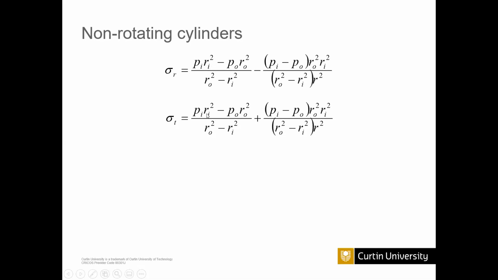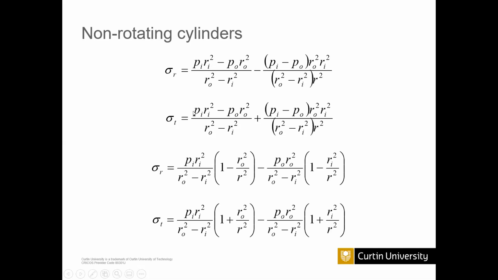What we are going to do is rearrange these equations in a simpler manner. This is the rearrangement. It is the same equation; if you expand these two, you will get the same thing. This is radial stress and this is tangential stress. You can't easily see the variable parameter in this equation, but here you can easily see this is the thing.